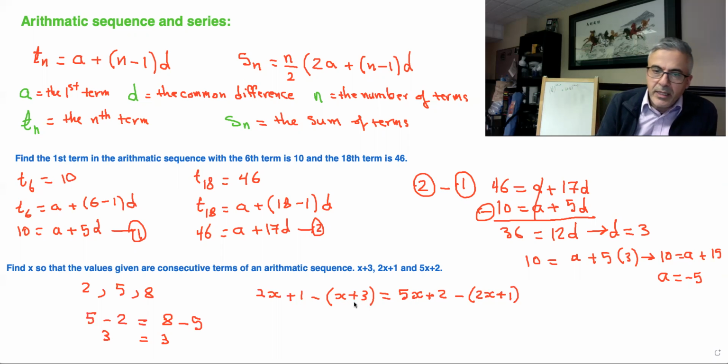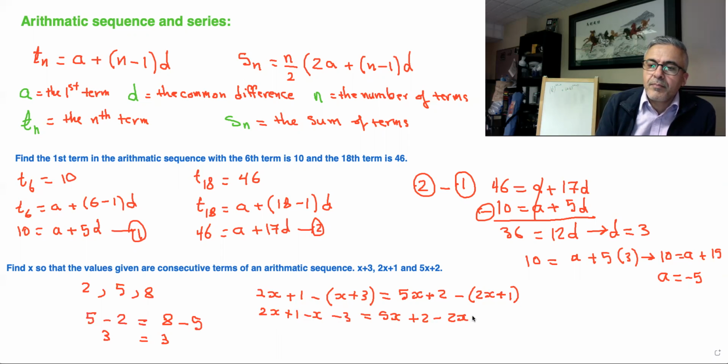I wrote brackets around what I'm minusing because the minus is going to affect everything inside here. So this will become 2x plus 1 minus x minus 3 equals 5x plus 2 minus 2x minus 1. I have x minus 2 here equals 3x plus 1.